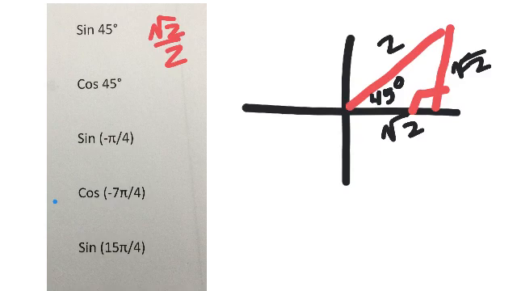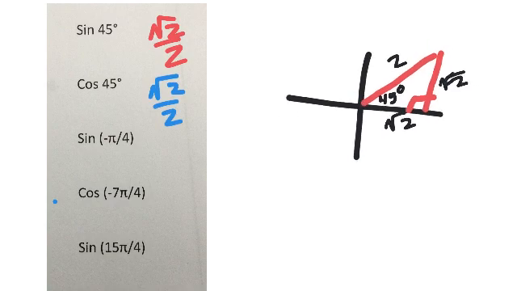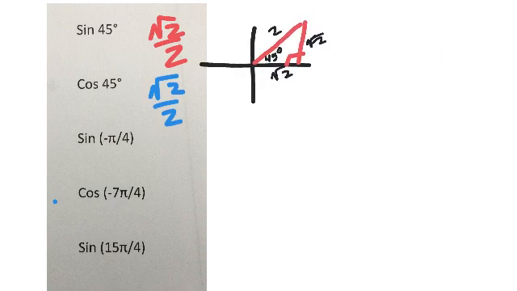So cosine of 45 is going to be radical 2 over 2. And I am in the first quadrant. In the first quadrant, all trig functions are positive. So cosine would be positive.